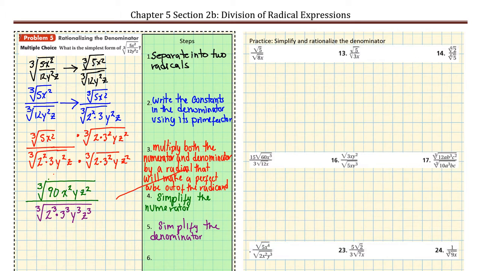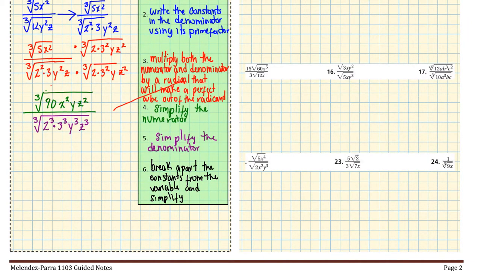Okay, so our last step is to simplify by breaking it apart into individual parts and canceling each other out. So let's see what happens. Alright, the top cannot be simplified any further, so it's going to remain the same. So we have the cube root of 90 x squared y z squared.